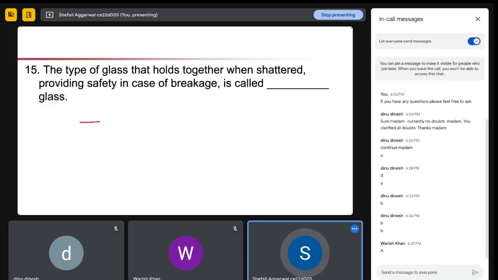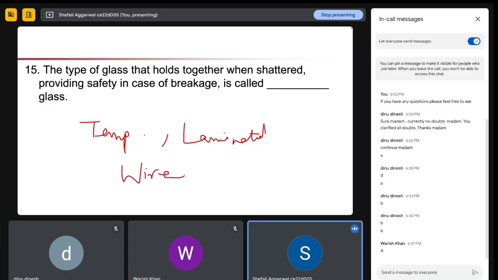It can be tempered glass, or it can be laminated glass, it can be wired glass. So all are correct answers. For this I have written laminated glass, but anything can be the correct answer.